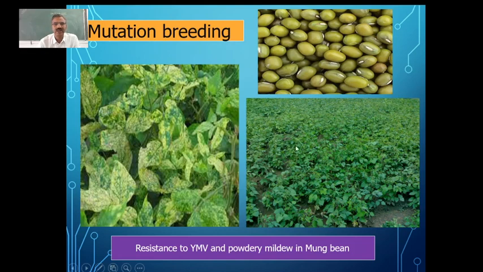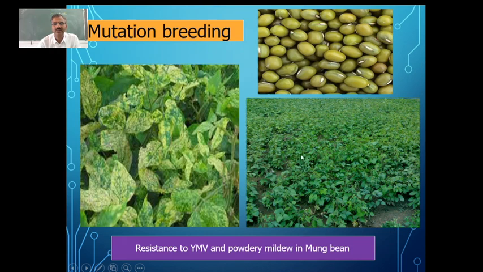You can see the spots which are there. This is the affected plant, the one which is prone to virus. This is called yellow mosaic virus. Yellow mosaic virus is causing the disease.